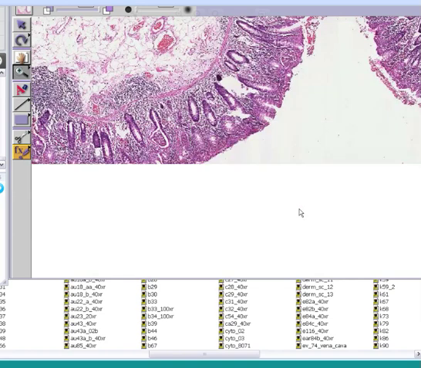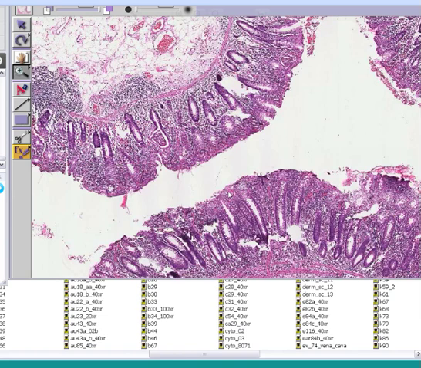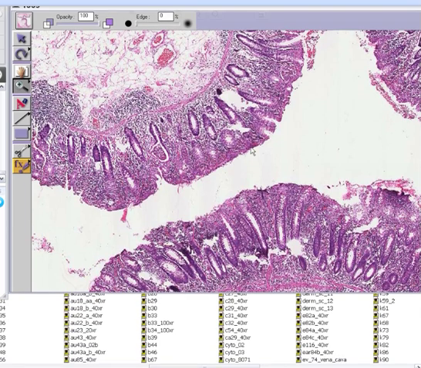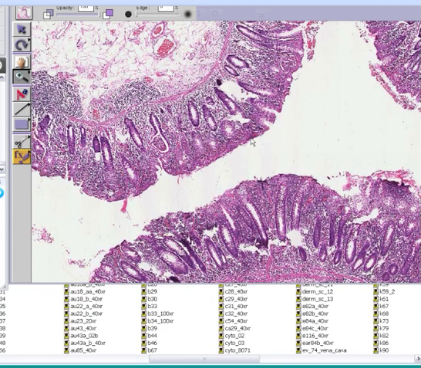Well, the first thing you see is that there is some ulceration of this mucosa. You can see there's areas here where you have loss of surface epithelium. In fact, there's bigger areas of loss of surface epithelium.